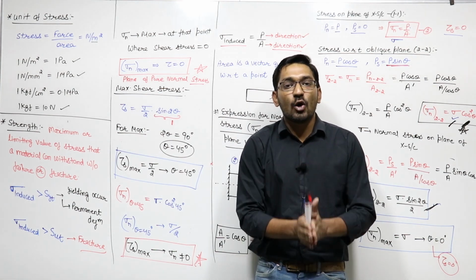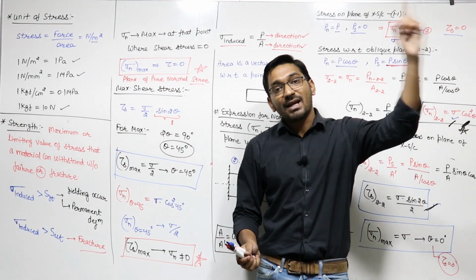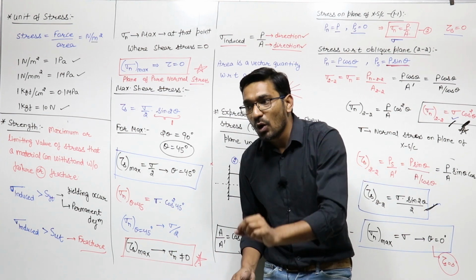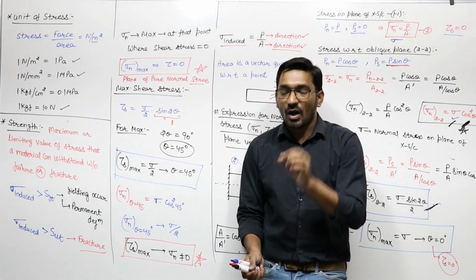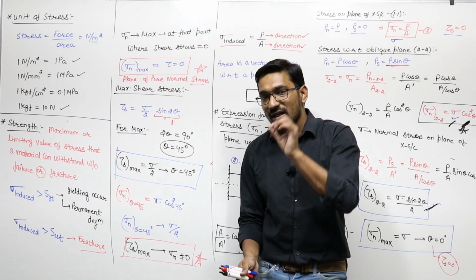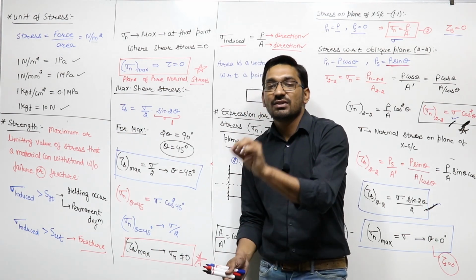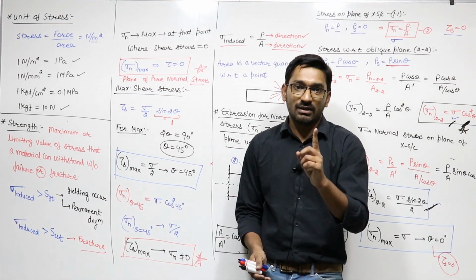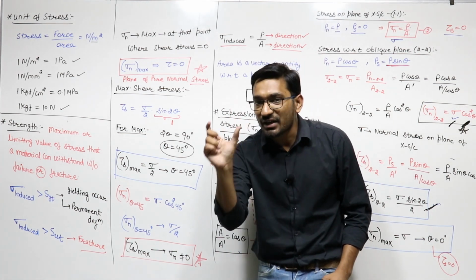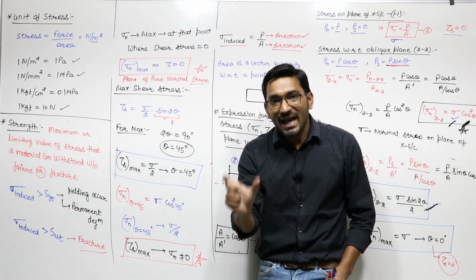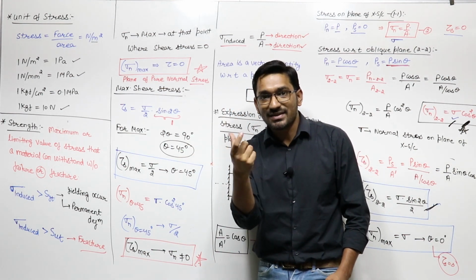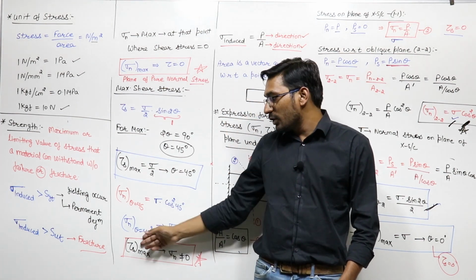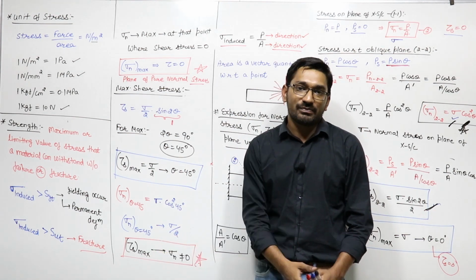So plane of pure normal means normal stress is maximum, shear stress is 0, but plane of pure shear means your shear stress is not equal to 0, but normal stress is 0, but the magnitude of that shear stress in plane of pure shear, shear stress has some value, that value is not equal to your tau s maximum, right?